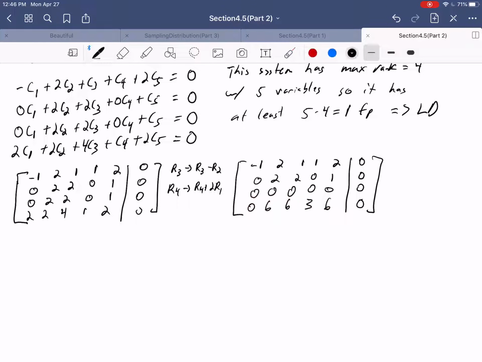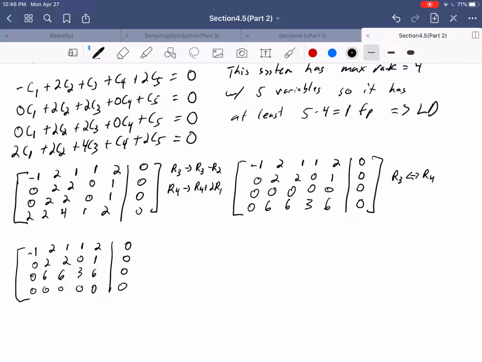So we'll do that real quick. So let's just interchange R3 and R4. And there we go. -1, 2, 1, 1, 2, 0, 0, 2, 2, 0, 1, 0, 0, 6, 6, 3, 6, 0, and then 0, 0, 0, 0, 0 there.